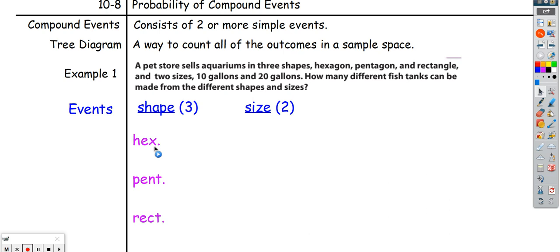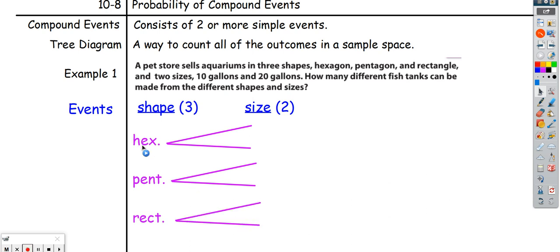Now, if I choose a hexagon, I will have 2 different options for sizes, okay? So we're going to make some branches here, hence the name tree diagram, extending from each of my shapes. Okay, so make your branches.